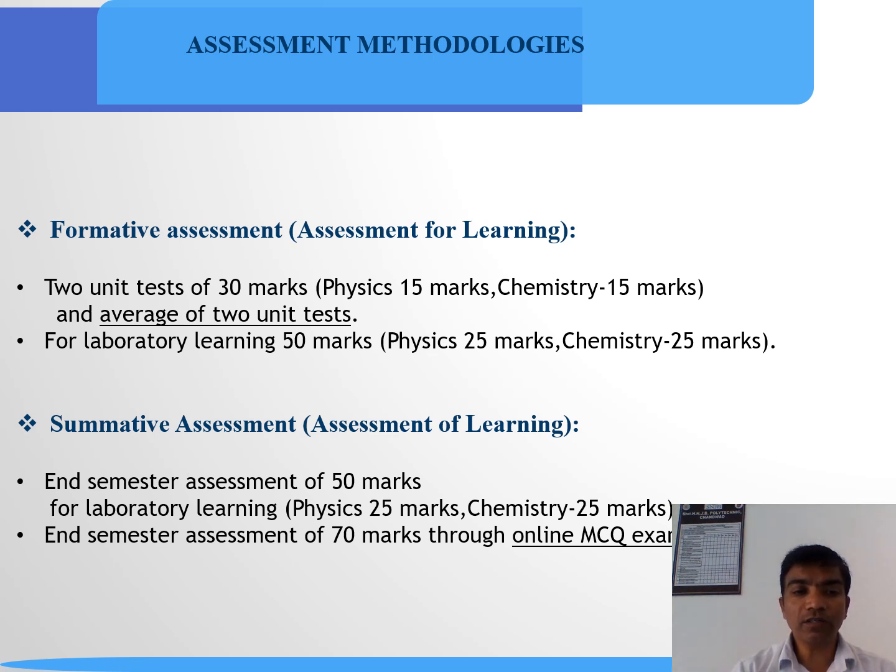The end semester assessment for theory is for 70 marks and it is an online MCQ exam, which students have to give on a personal computer in the lab provided by the college itself. In this way the assessment methodology for basic physics consists of formative assessment as well as summative assessment.